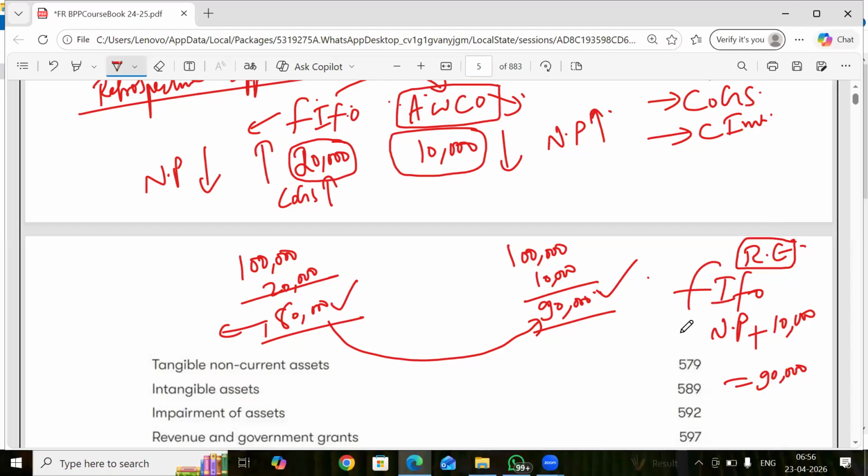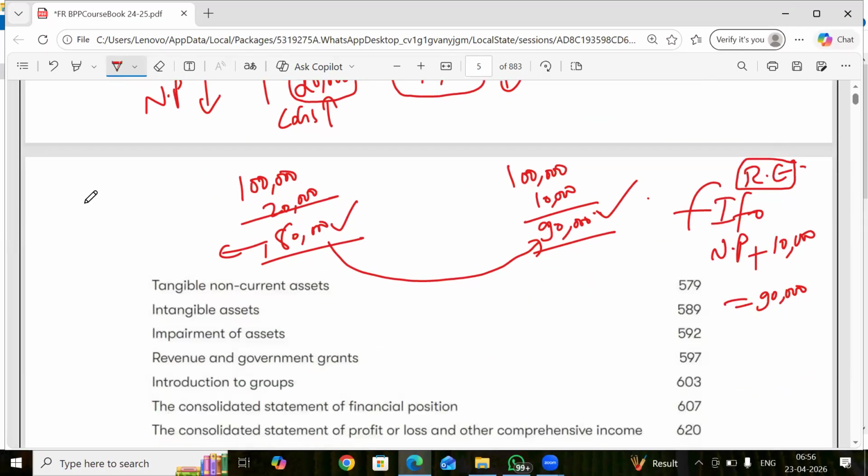Let's say this was previous year. Previous to previous year, let's say FIFO net profit I calculated was 60, and AFCO net profit should be 70.